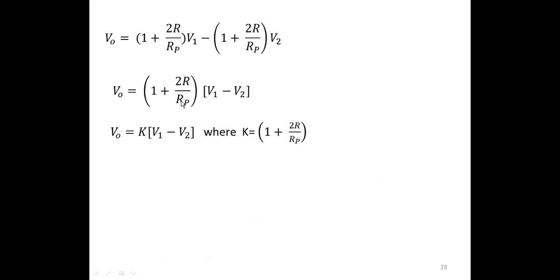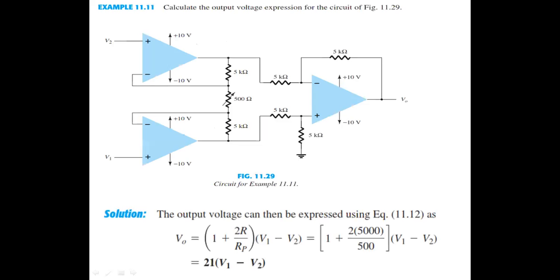So this is the relationship that we have expected from the circuit, and where this factor is the gain factor K, and K is assumed to be this one. ठीक है?